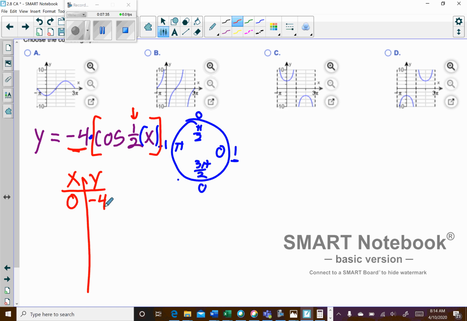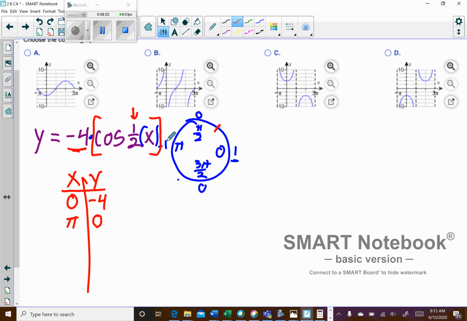Now on this next one, I don't want to plug in pi over 2 because then it will turn into pi over 4 and it won't end up on my unit circle. So I'm actually going to plug in pi, and what's going to happen is it will turn into pi over 2 because of the 1/2. It ends up right here, which gives me 0. 0 times -4 is 0.